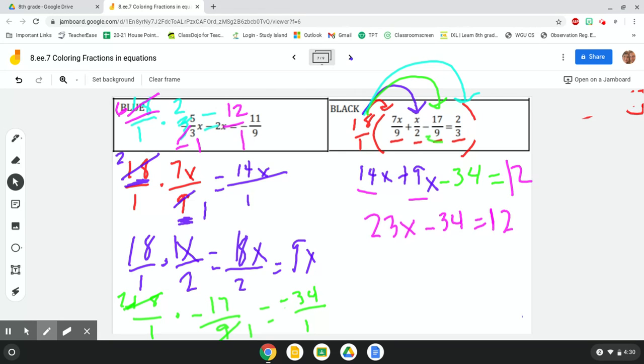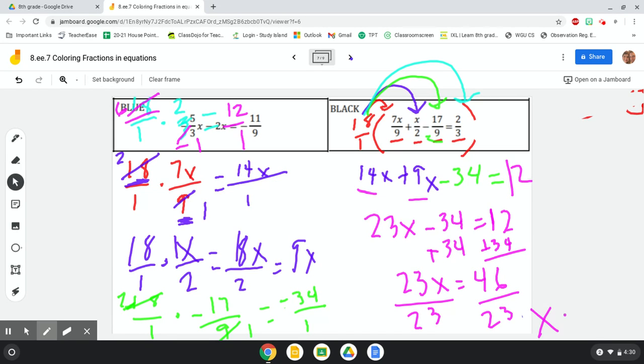And next, I need to go in reverse order of PEMDAS, so adding and subtracting comes next. So I'm going to use the inverse and add 34 to each side of my equal sign, balancing it out. So I have 23x equals 46. And last step, I only have division left because it's the inverse of multiplying, leaving me with x equals 2.